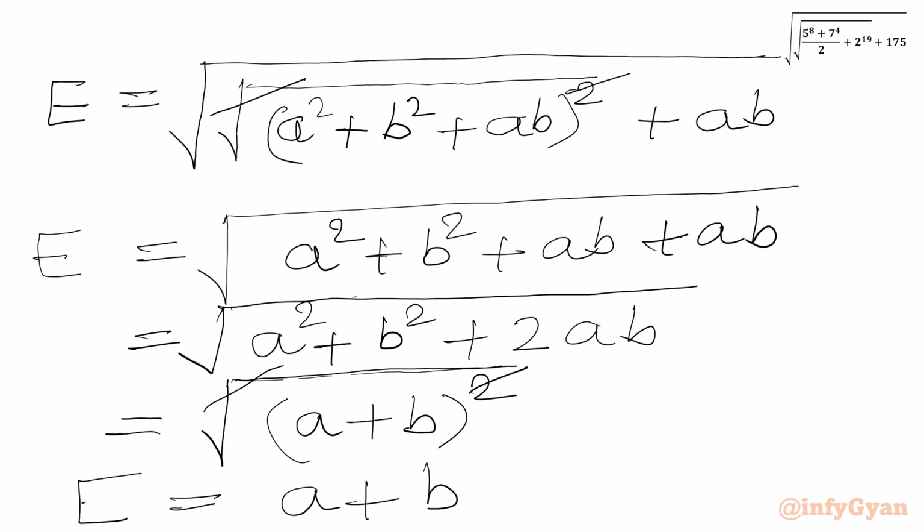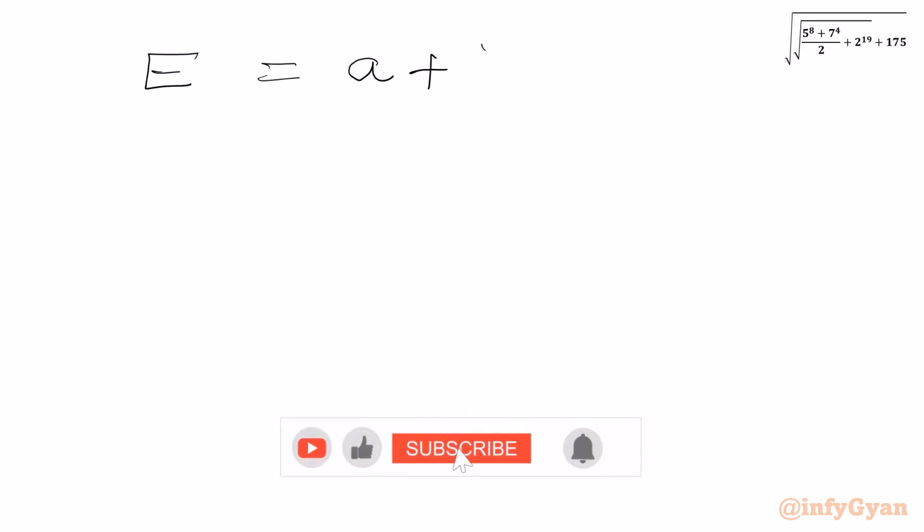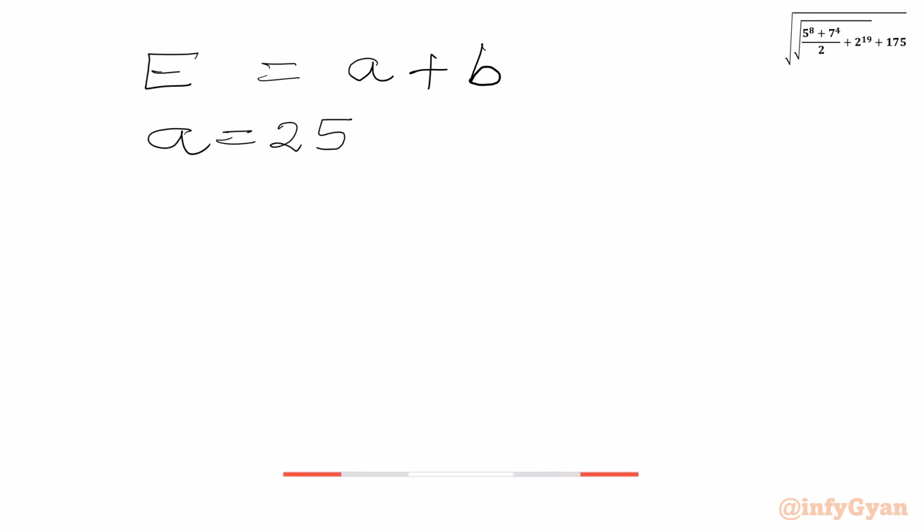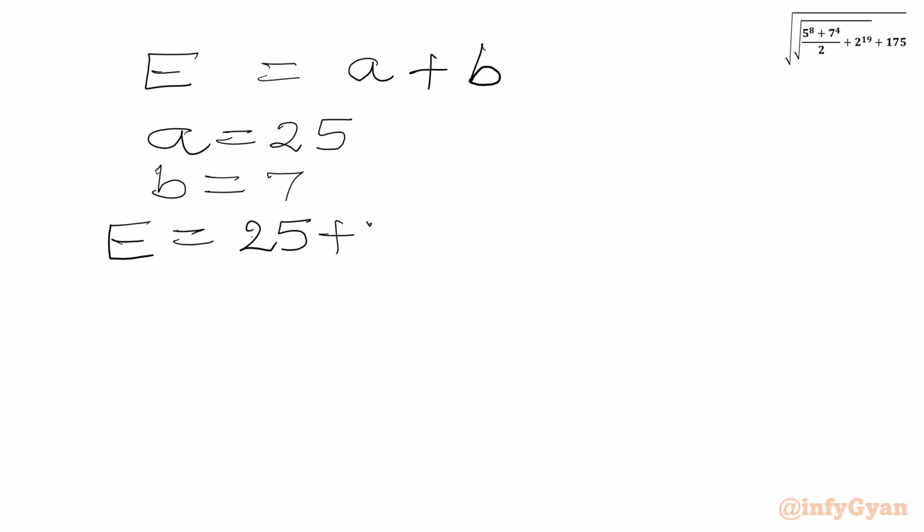This is our expression E. Now A was 25, B was 7. So I will write E will be equal to A plus B. Here A was 25, B was 7. So expression value we can write 25 plus 7. Our answer will come out 32.